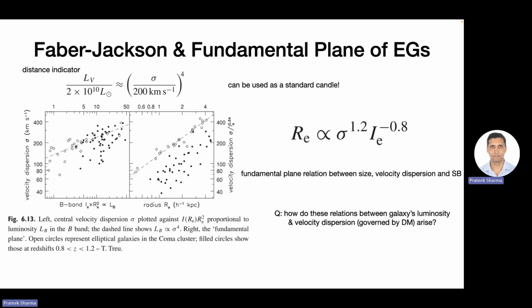So these open circles have the same distance from us. And see, this relation has become much tighter than here. So this can be a much better way of measuring distances. These filled circles are galaxies at different distances, so they are not expected to be as tight.